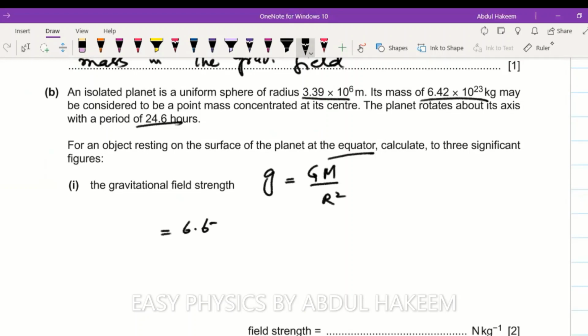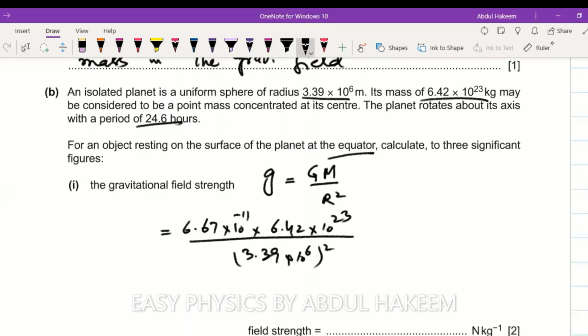So 6.67 times 10 power minus 11. This is the capital G, the universal gravitational constant, and the mass is given, 6.42 times 10 power 23, divided by the radius, which is given, 3.39 times 10 power 6, squared. And after the calculation, the answer is 3.73.